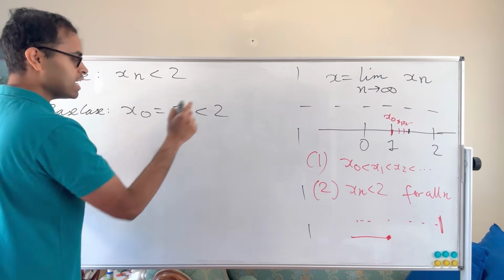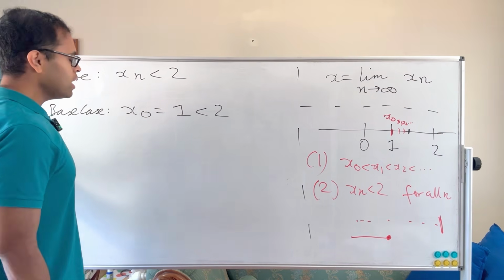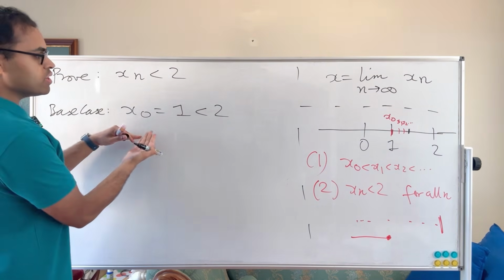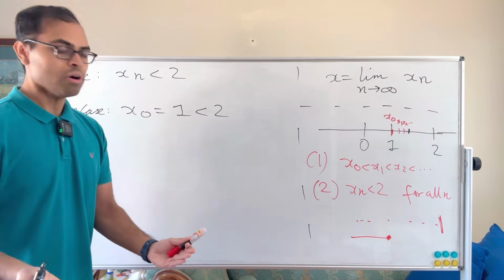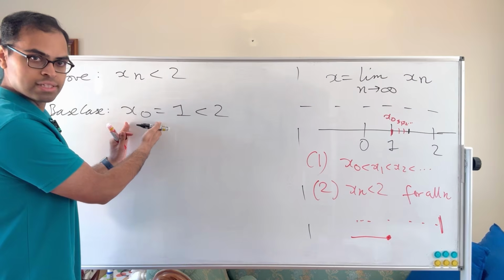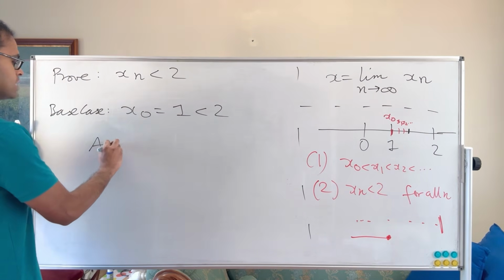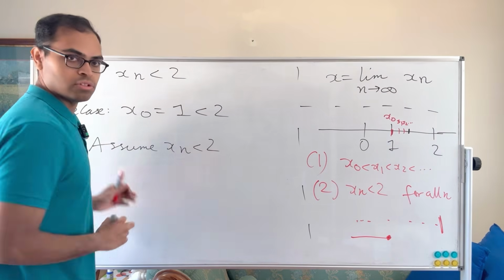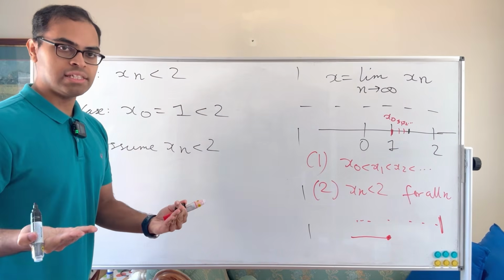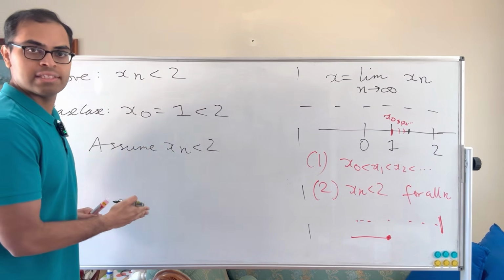We start off by saying x naught is equal to 1 is less than 2, and then we're going to assume that we have shown xn is less than 2. n could be 0, in which case we've got x naught is less than 2, but assume that xn is less than 2, and we will prove that xn plus 1 is less than 2. The reason this is the process is because we can just keep applying this same principle.